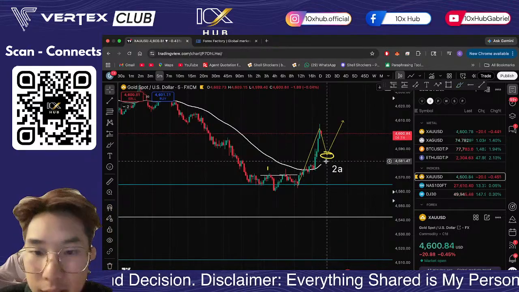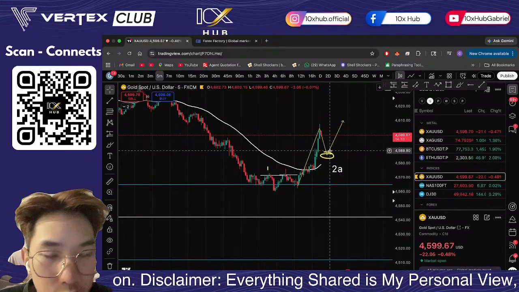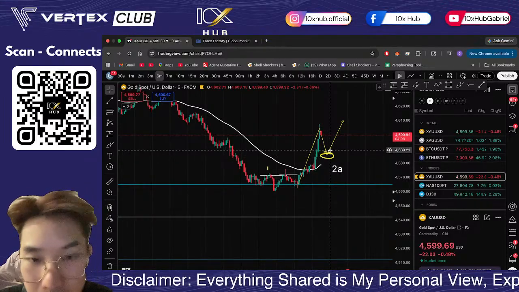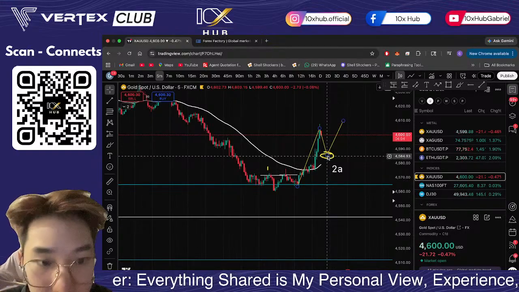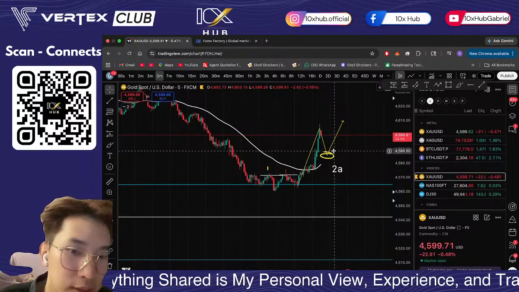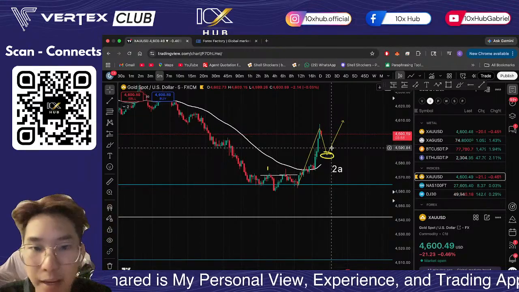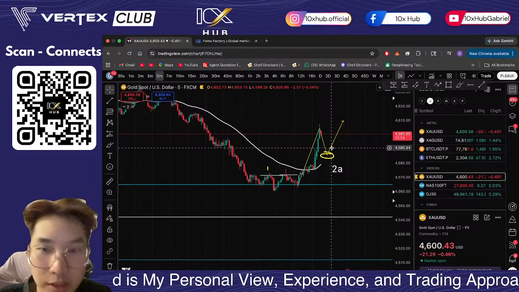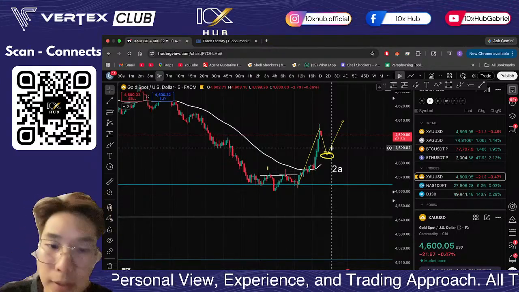But if it is somewhere around 12 a.m. in the midnight and it retraces back to this white color line during midnight, I don't suggest you enter this trade anymore, because 6 a.m. is the closing of the market and we don't hold the trade during the weekend.